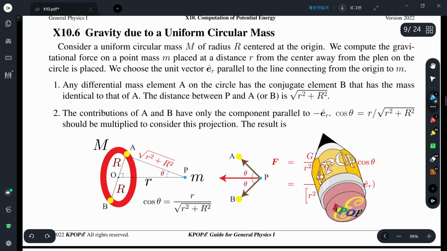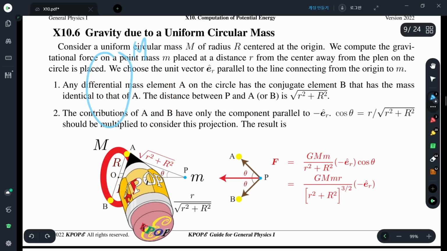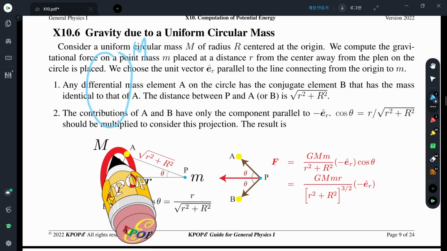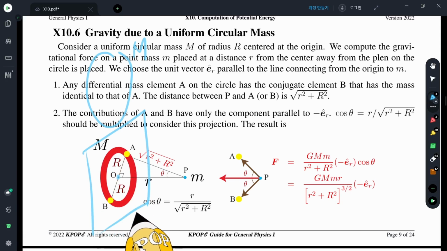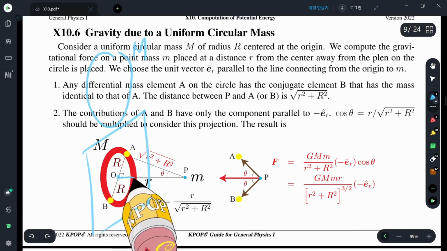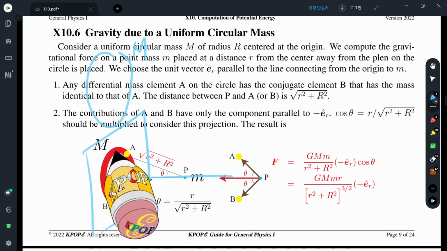Let us consider the gravitational force due to a uniform circular mass distribution. Capital M is distributed over this ring, which is placed on a plane. We can choose the center of this circle and draw a perpendicular line orthogonal to the plane on which the circle is placed.